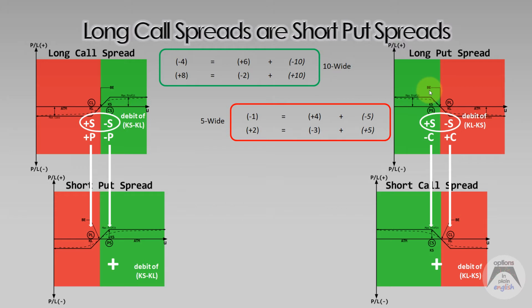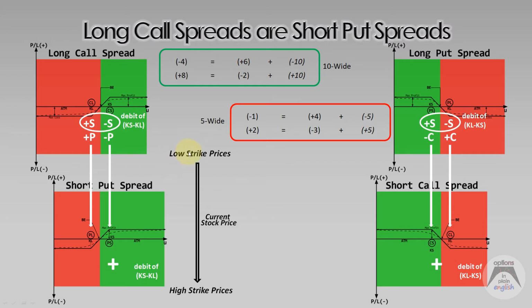Now, just to do a visual exercise, which helps me, and it could help you understand more or less how one spread moves in comparison to other spreads. We're going to have here a visual representation.